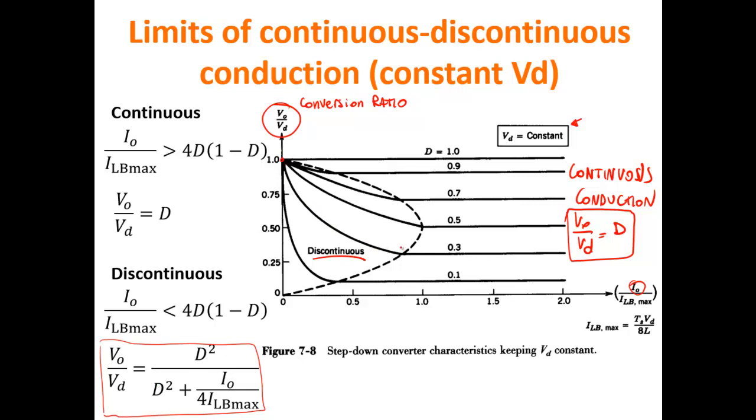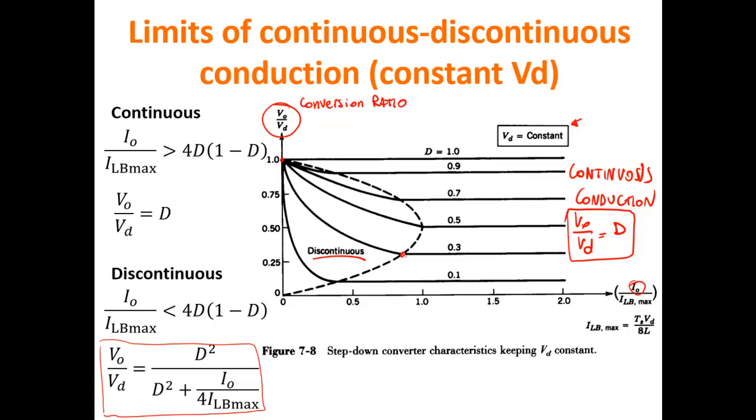The other piece of information that we know is that, of course, at the boundary between continuous and discontinuous conduction, the two curves corresponding to the same value of the duty cycle have to touch each other. Okay? So we need to pass from here.